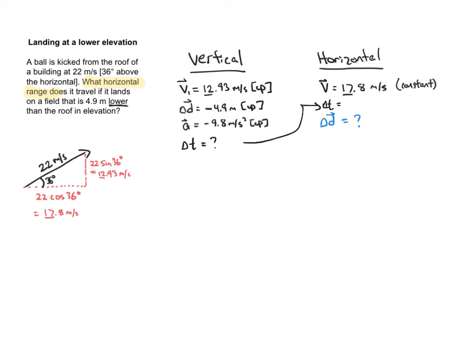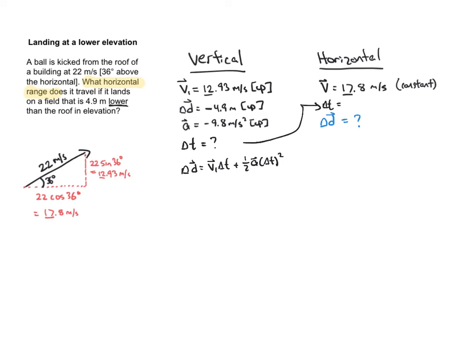Okay, so I can calculate this time using the big five formulas. So the one that is going to apply will be the third one. And to solve for time, it turns out I'll probably have to use a quadratic formula here.